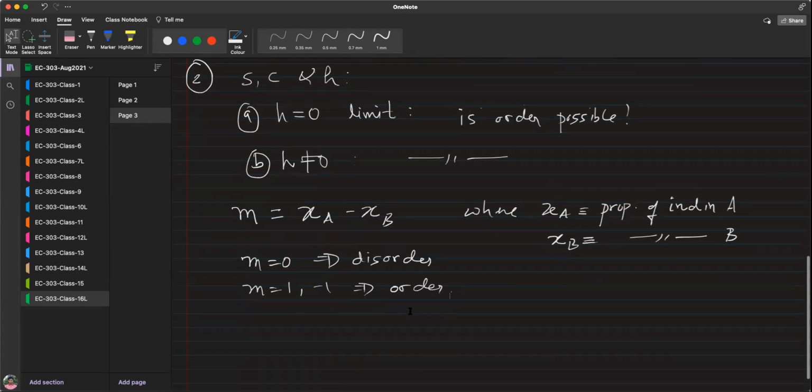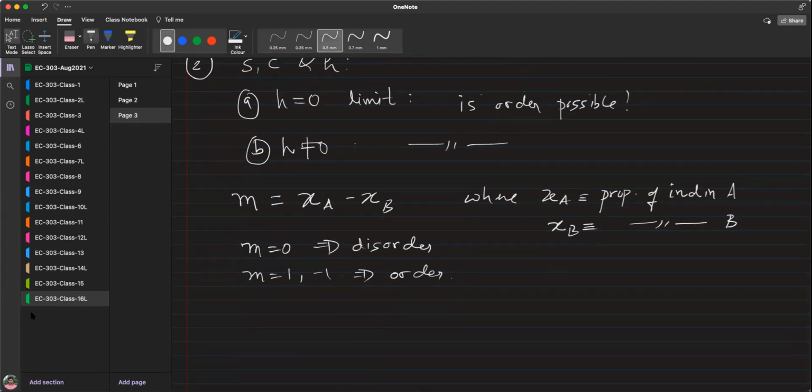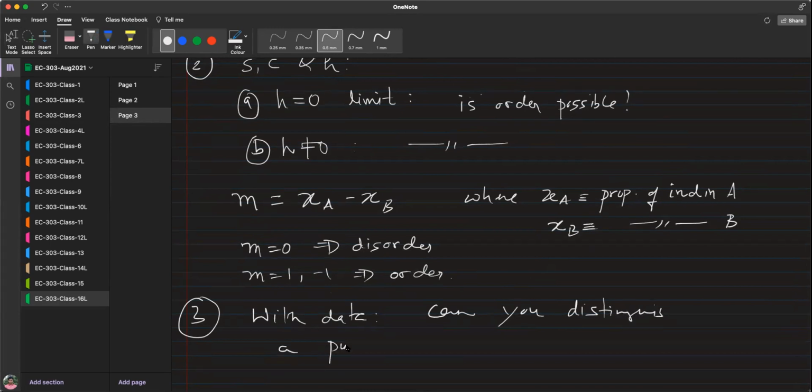And then after you have done this, the third question for you is, if someone gives you data, can you distinguish, purely, a pairwise dominant versus ternary dominant behavior?